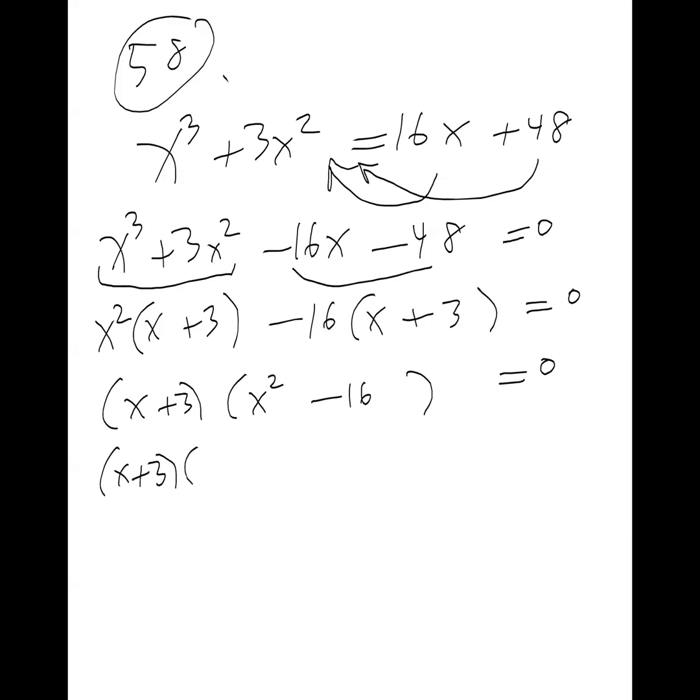So take the square root of x squared, get x. Keep the minus, take the square root of 16, get 4. And then the other side, x plus 4. And what are the solutions to this equation after factoring it this far? -3, +4, and -4, correct.